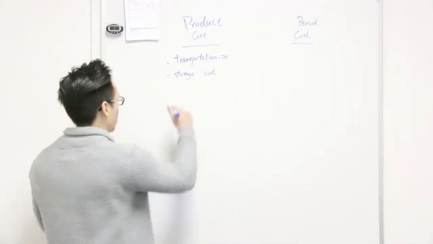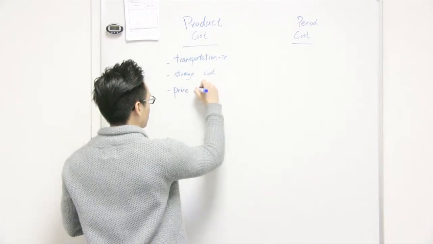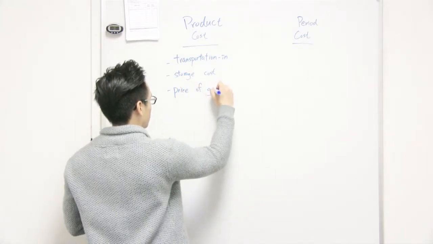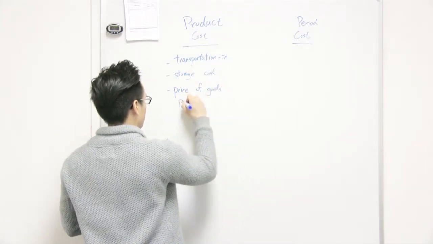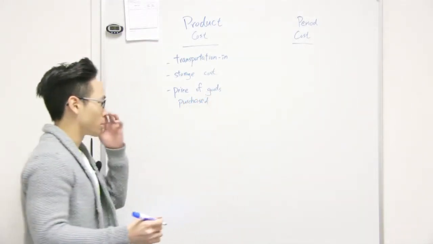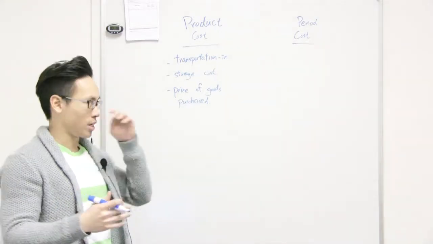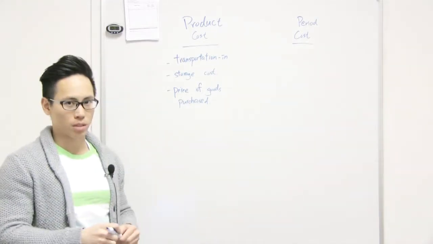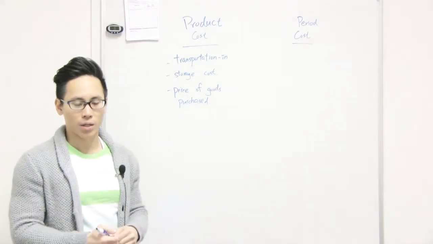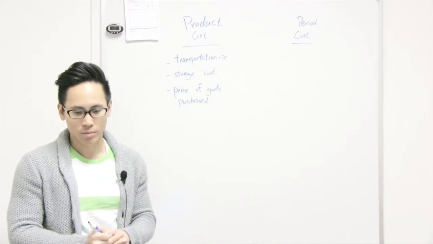Other things, the really simple one, is the price that you paid. If you purchase the inventory, the amount of money that you pay for that inventory is going to be a product cost because you're using that value as your inventory, putting it into the inventory account.